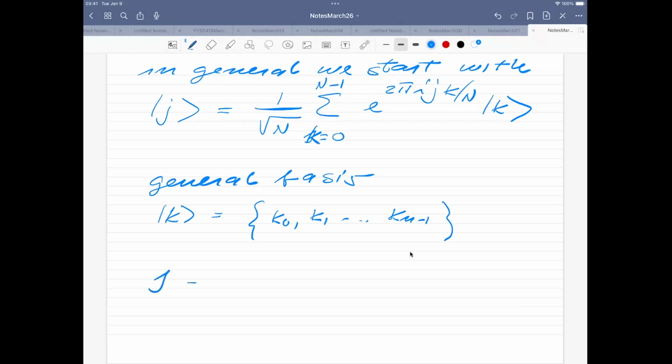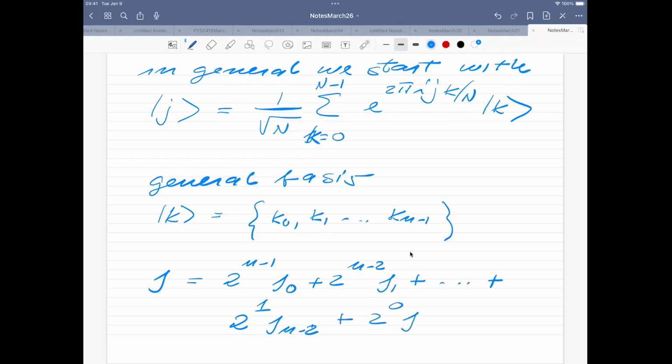So a J here, which now could be given by 2 to the power of n minus 1 times J0, the first bit, plus 2 to the power of n minus 2 times J1, the next one, plus, and this goes all the way up to 2 to the power of 1 times J n minus 2, plus 2 to the power of 0 times J n minus 1.